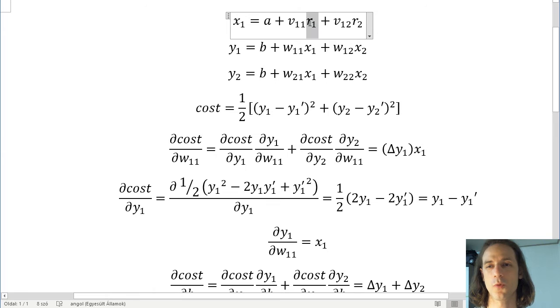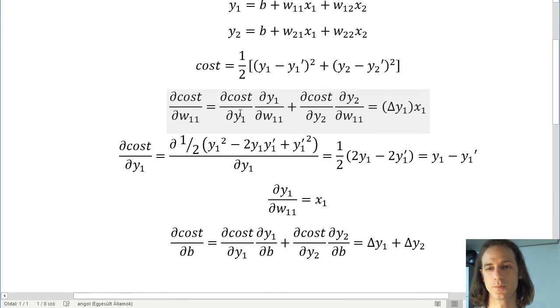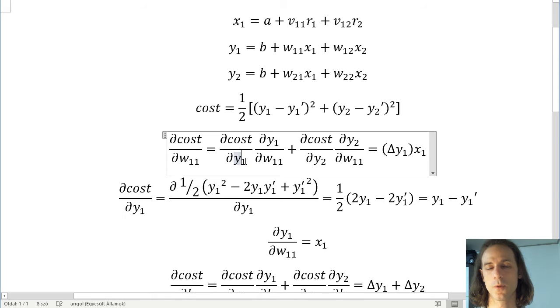Maybe the real data is R1, and we got this from another layer. So we have to go back one step more. If you want to differentiate the cost function by this one, you have to figure out the derivative of the cost function by y, the derivative of y1 by x1, and then the derivative of x1 with respect to this v.